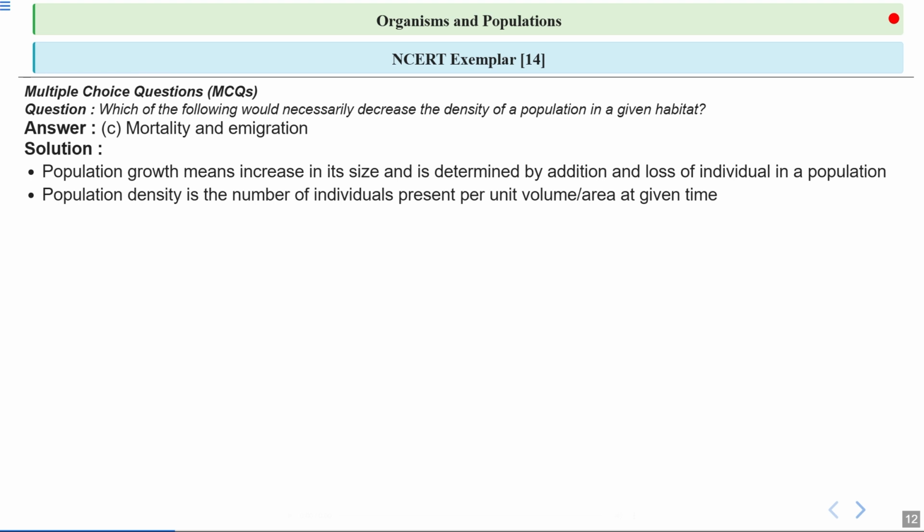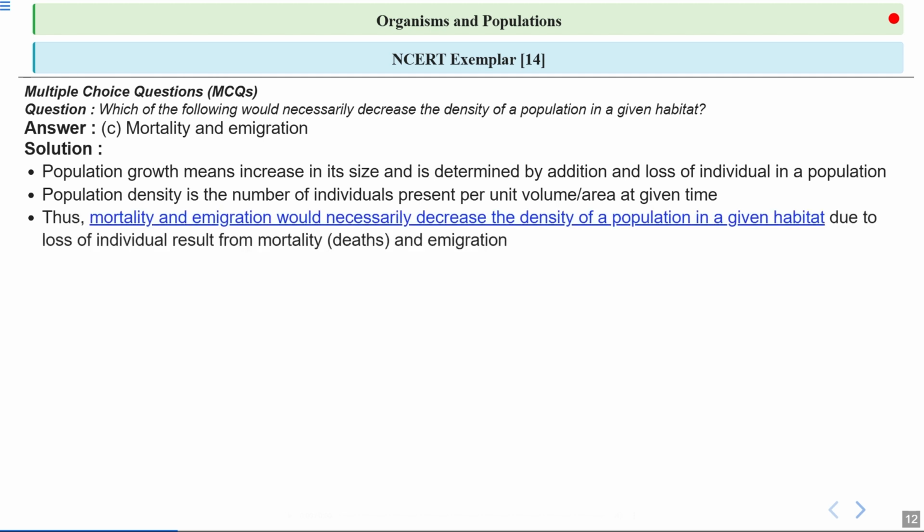This is simply the number of individuals living in a specific area or volume at a given time. Thus mortality and emigration would necessarily decrease the density of a population in a given habitat due to loss of individuals.